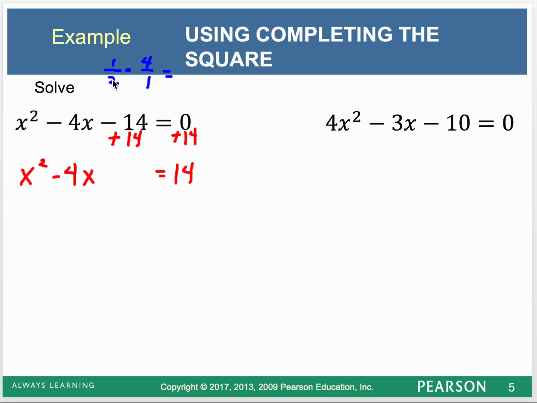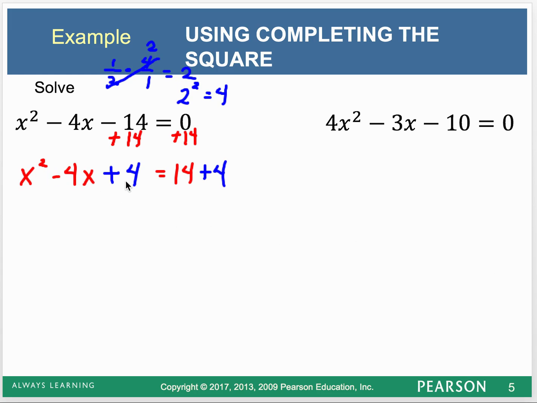So you go over to the side and you multiply half by whatever term you have there. And when we simplify this, we realize we get 2. Okay, so I'm going to take that number and then I'm going to square it. That's the number I'm going to add to both sides. So I'm going to have a +4 on both sides. Got to do the same thing to both sides, right?